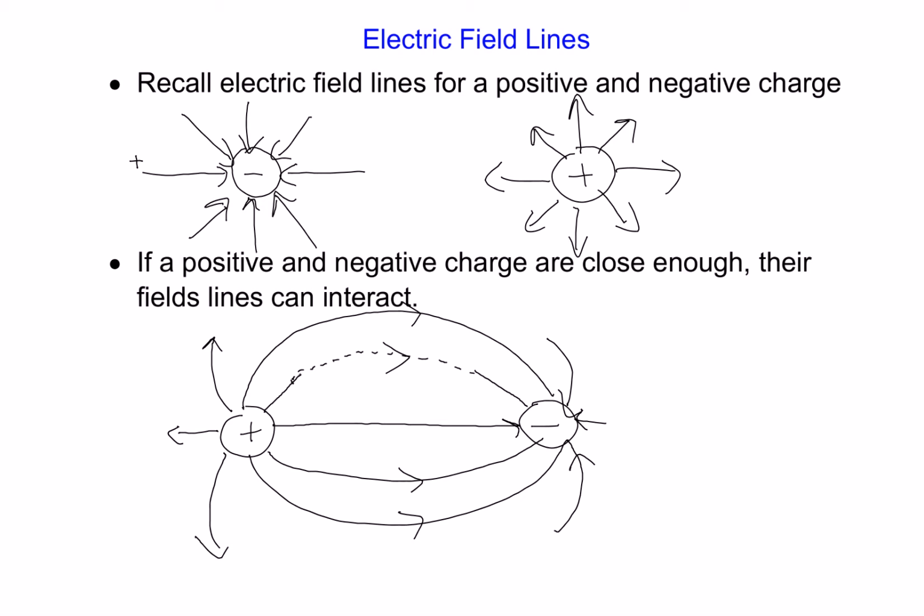So that's when we have two opposite charges, the electric fields tend to work together. And what's going to happen is the closer the charges are, the straighter those lines are going to be. So right now I've got them quite curved in between the two. But if we got the charges super close together, we'd tend to see that the electric field lines would be a little bit more parallel.